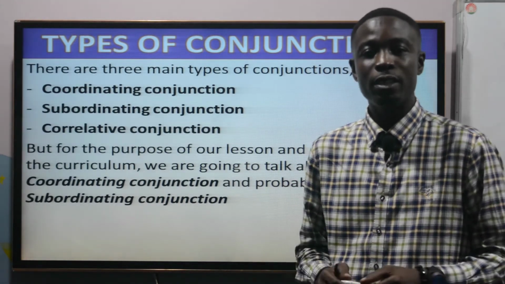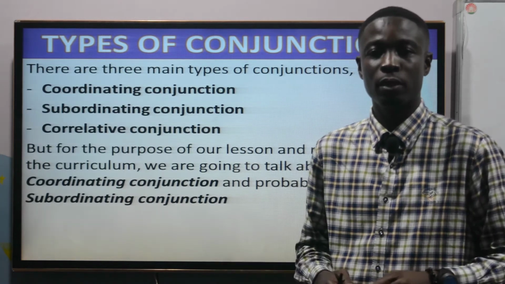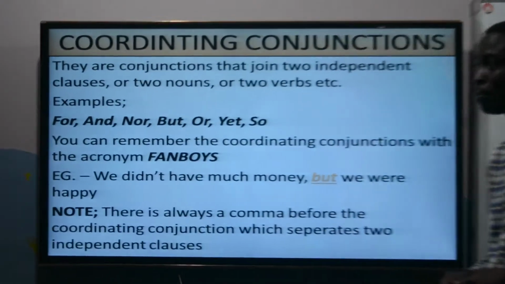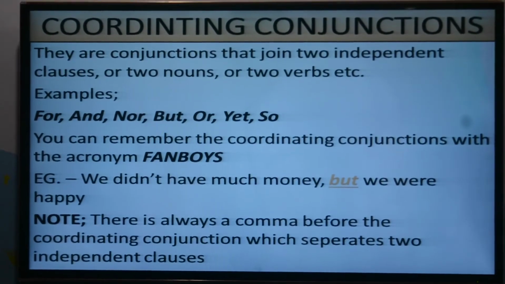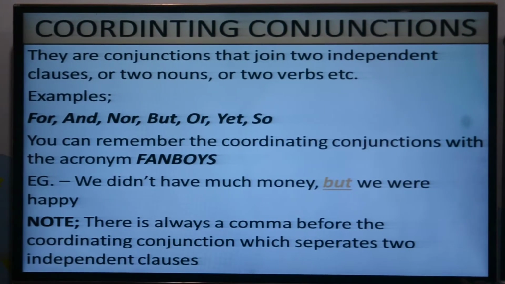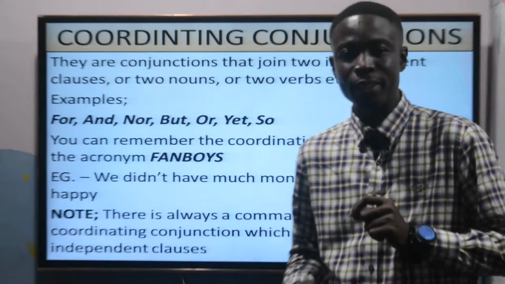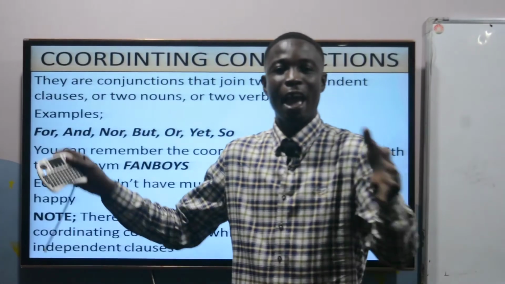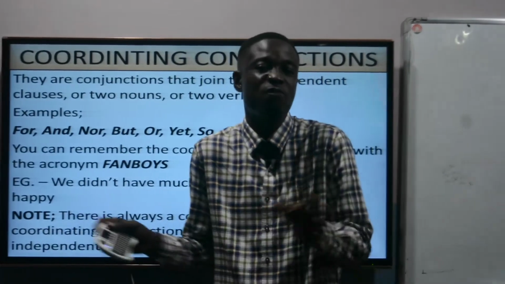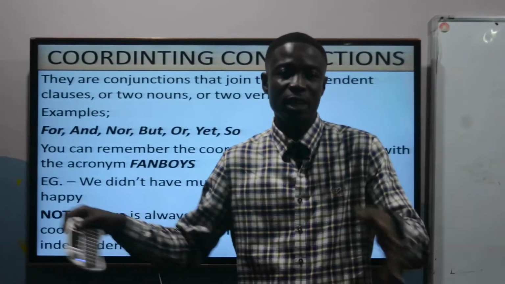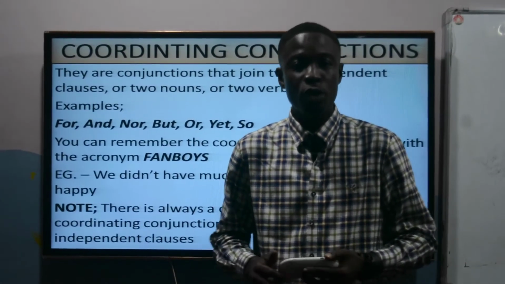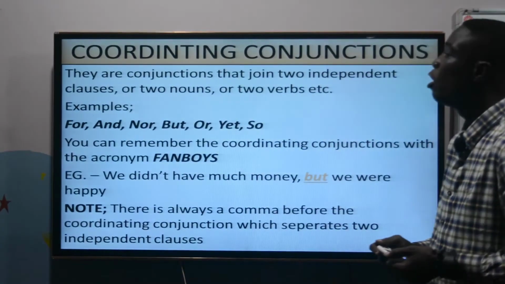When we say a coordinating conjunction, what at all does it mean? Coordinating conjunctions are conjunctions that join two independent clauses. And when we talk about independent clauses, we are referring to a statement that makes a full meaning. So two different statements that make full meaning, we join them together by using a coordinating conjunction.